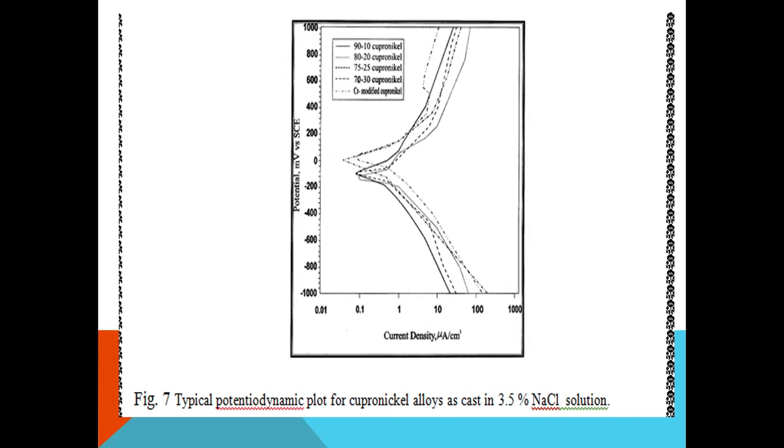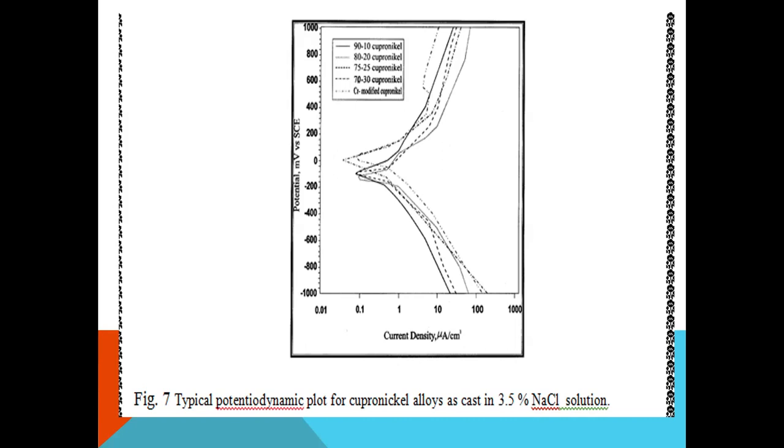Typical potentiodynamic plot of copper-nickel alloys as cast in 3.5% sodium chloride solution for 90-10 copper-nickel, 80-20 copper-nickel, 75-25 copper-nickel, 70-30 copper-nickel, and chromium modified copper-nickel.